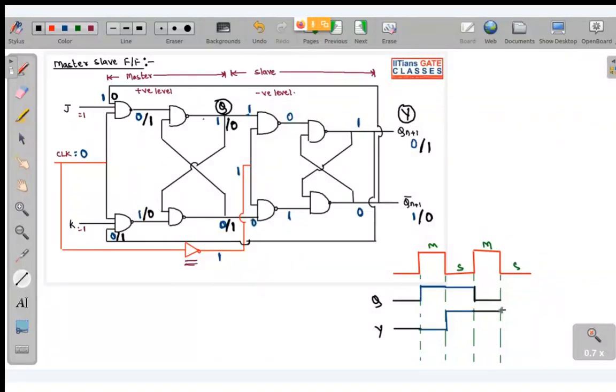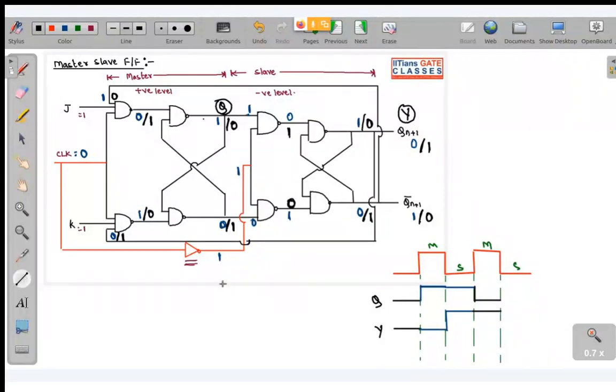Now look what happens when we once again encounter the negative level. So in the negative level, already this has been given 0, 1 and clock is again 1 over here. So if this is 0, this is 1, what will happen? This will become 1 and this will become 0. Now if this is 0, this will become 1 and this will become 0.